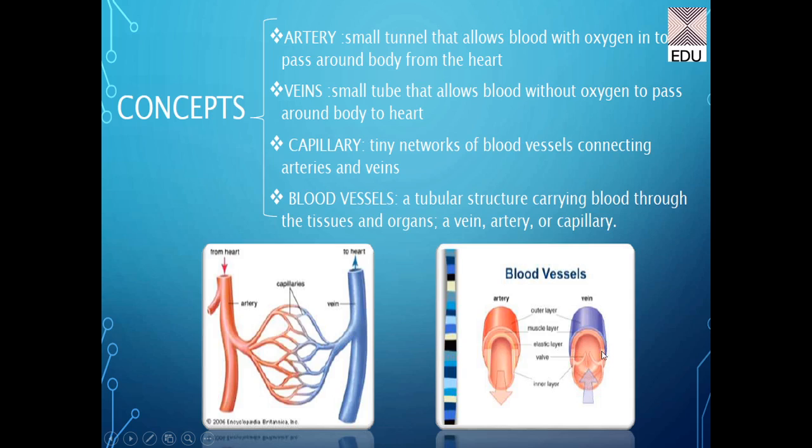Otherwise the blood can flow back also. But if you see the back of your hand, you can see numerous blue and green colored vessels. All these vessels are the veins, and these veins are taking blood from your hand to the heart.